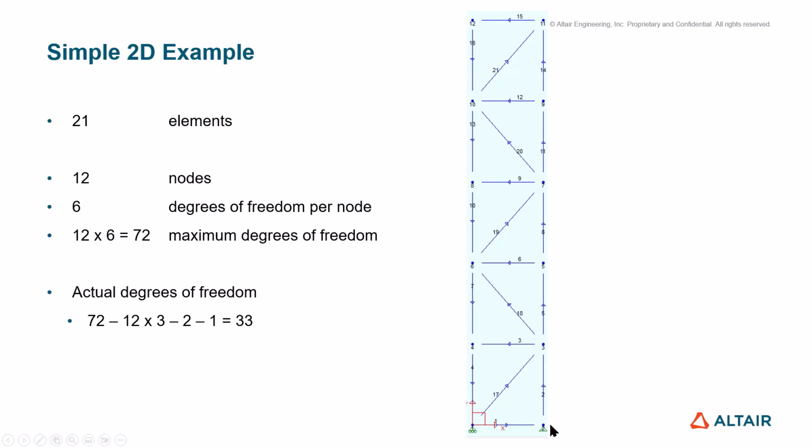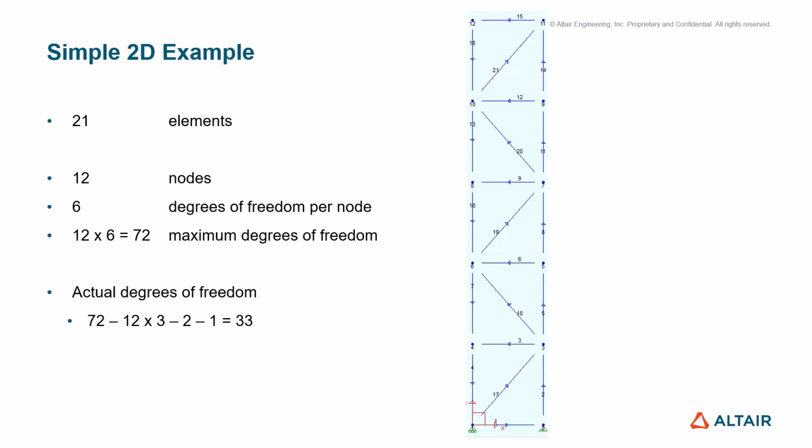This joint cannot move in the X or Y. It can only rotate about the Z axis. And then one additional constraint at joint number 1. This joint is not free to move in the global Y direction. And this leaves us with 33 degrees of freedom for this structure.